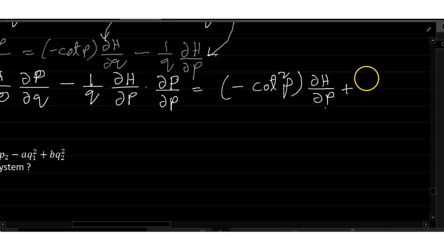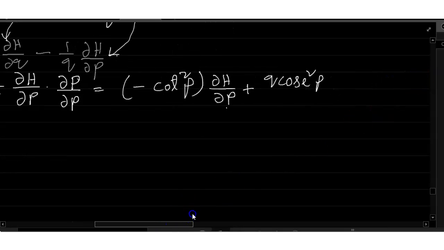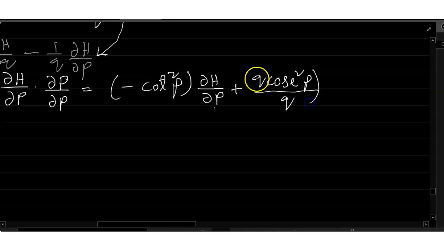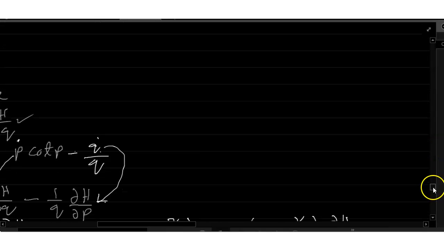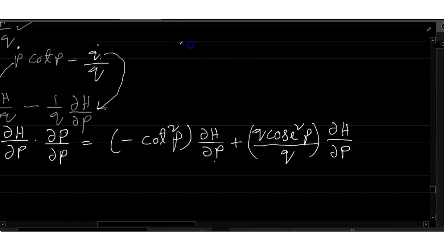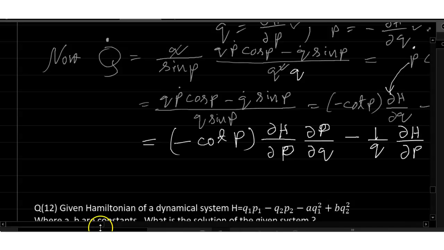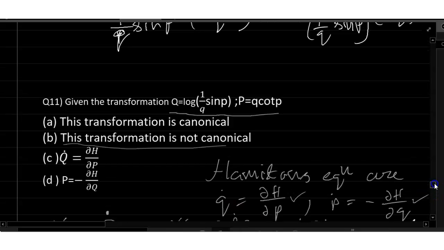plus q into cos divided by q into del h by del p, del capital P divided by del small p value. What is my P value?